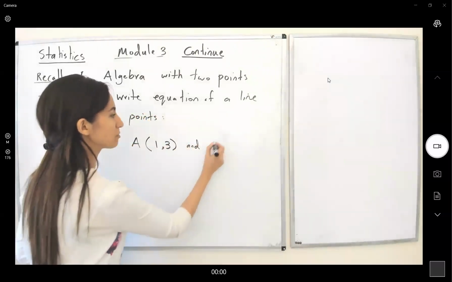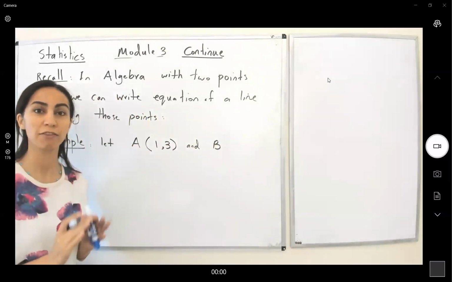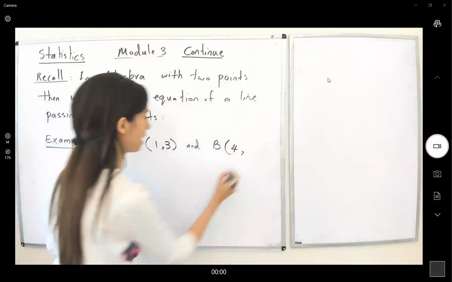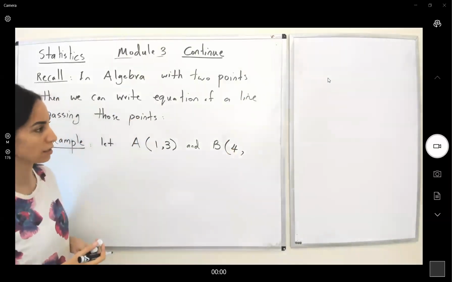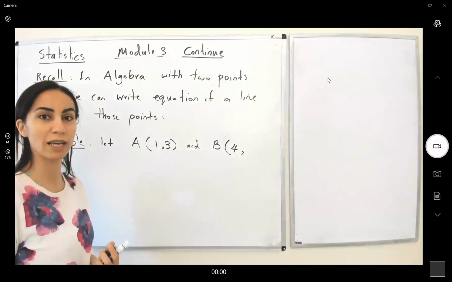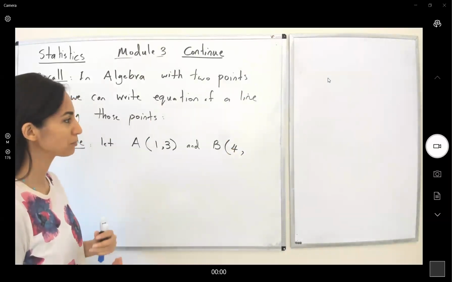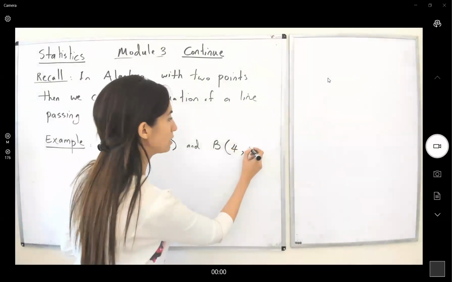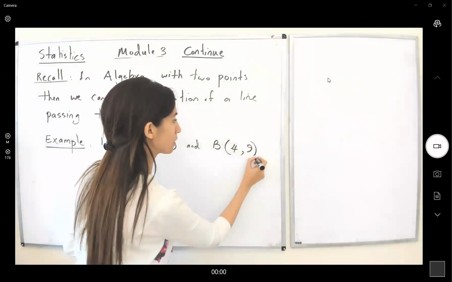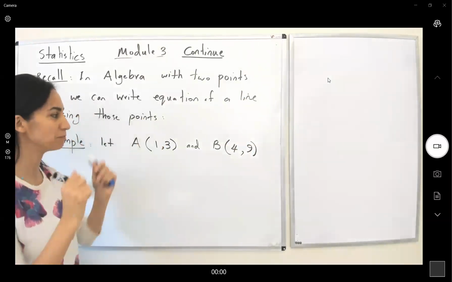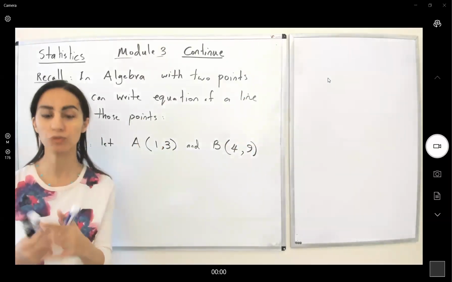And B be another point with first coordinate 4, and the second coordinate, let's see, I'm going to give you something so you can easily simplify. So let us write 9 for the second coordinate. Very well. So what do we have here?